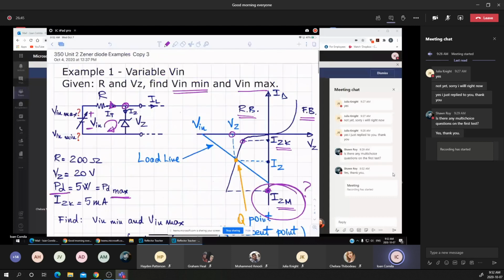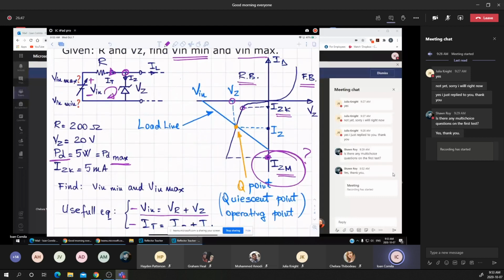I mentioned in class that, in example 2, we are making the assumption, and this is what we have to make in these specific problems, that we are choosing the IZ halfway between the minimum and the maximum.